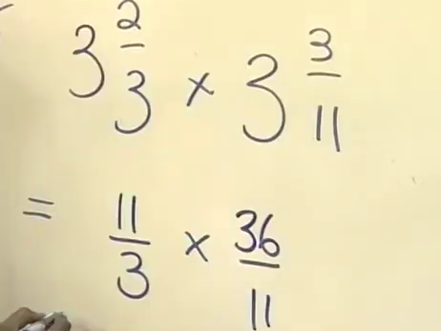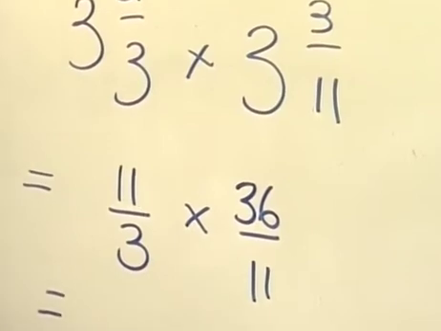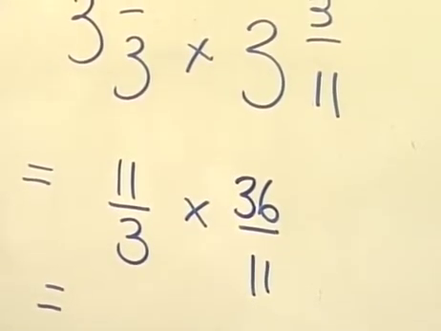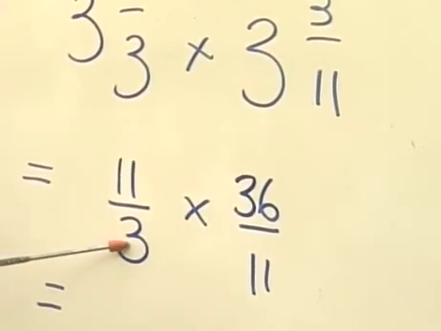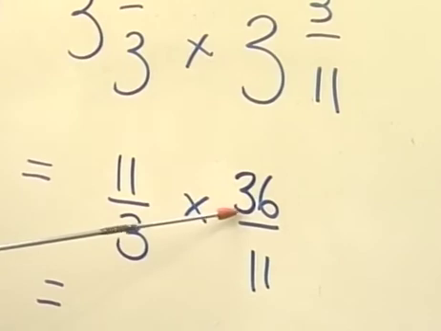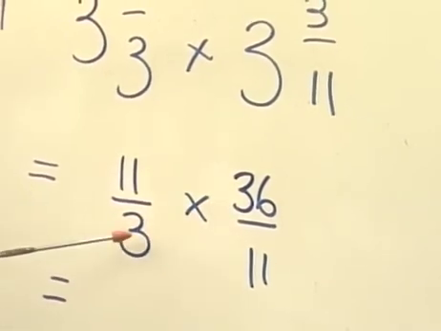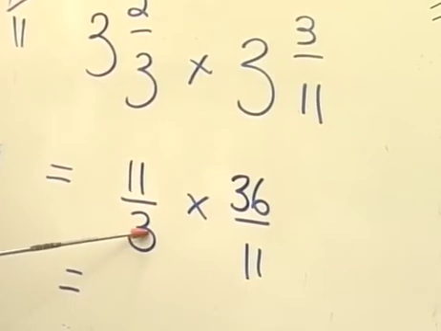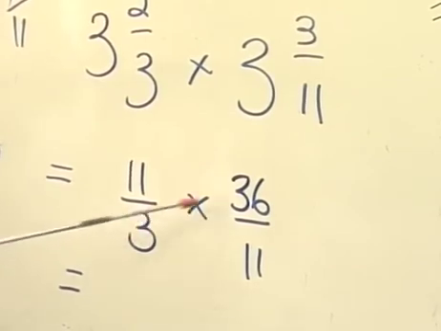Now what do we do next? Cancel the common factors. See if there are any common factors, and you cancel. So here, let's say we're cross cancelling. 3 and 36, what common factor is there? It can go evenly into 3 and 36: 3.